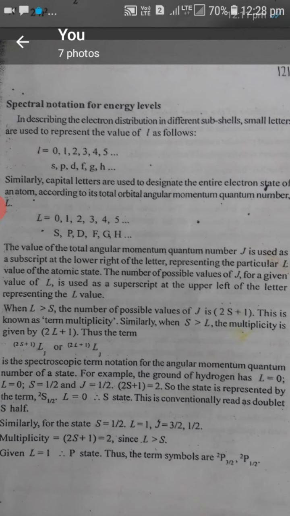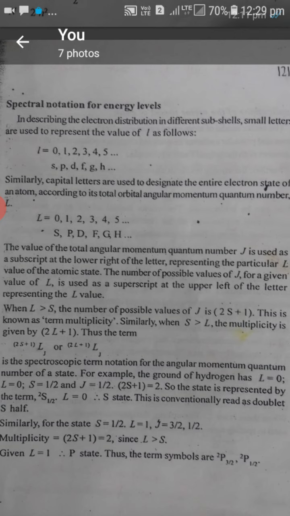How can we write the spectral notation? First we write the total angular momentum quantum number as the subscript at the lower right. Next, the number of possible values of this J is written as the superscript on the upper left.